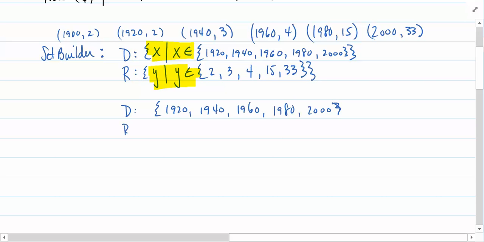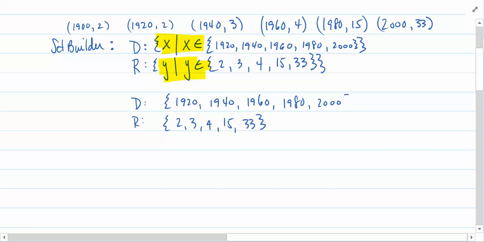And we would say something like this, that the range in its abbreviated form is 2, 3, 4, 15, and 33. There will be times when we would want to use the full set builder, and there will be times where it's appropriate to use the abbreviated form of the set builder. Most of the time, though, I will let you use the abbreviated form if it's necessary or applicable.